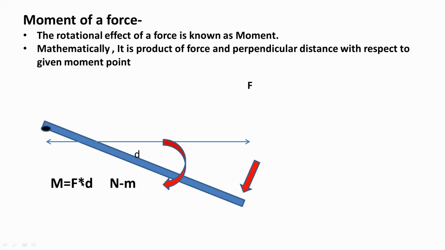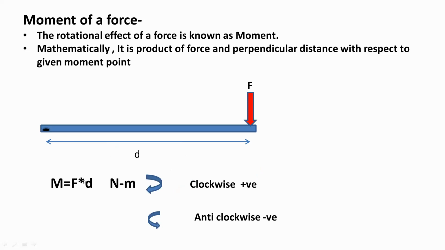So what is the meaning of that rotational effect? You can see here, this is the point, we can say this point O. This is your moment point, and we are applying a force F, which is exactly perpendicular to this rod. So this force will try to rotate this complete arm about the point O, which is at distance d.